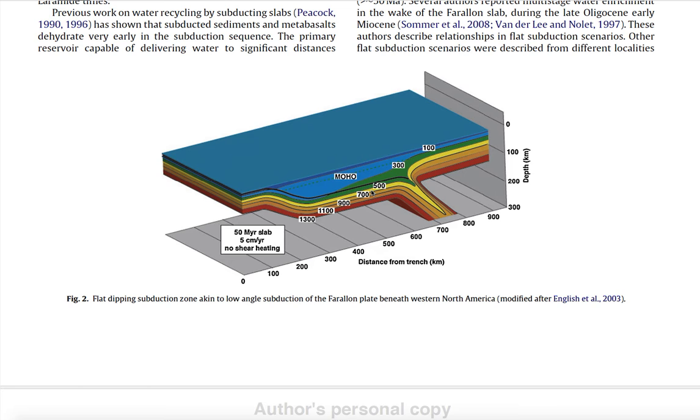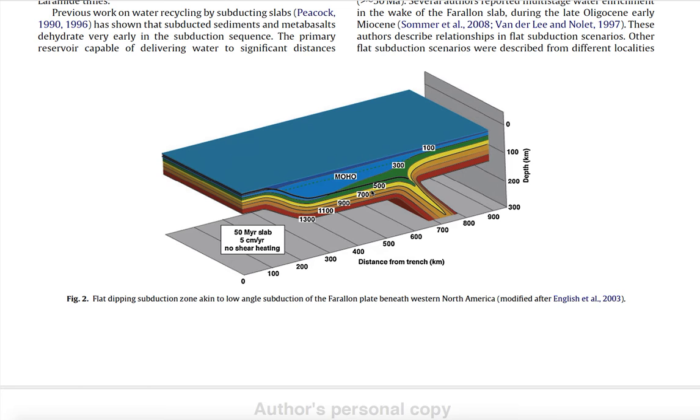And if you don't have a mantle wedge, then your subduction zone is much cooler. Why is this? Because if you have a mantle wedge, then your dipping slab becomes warmed up from both sides, from beneath and from the mantle wedge above.